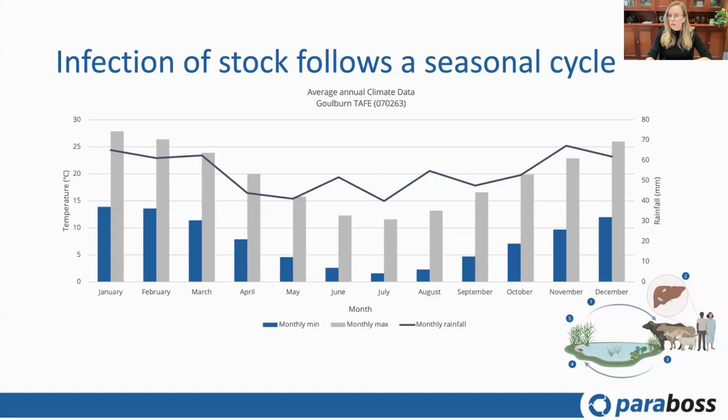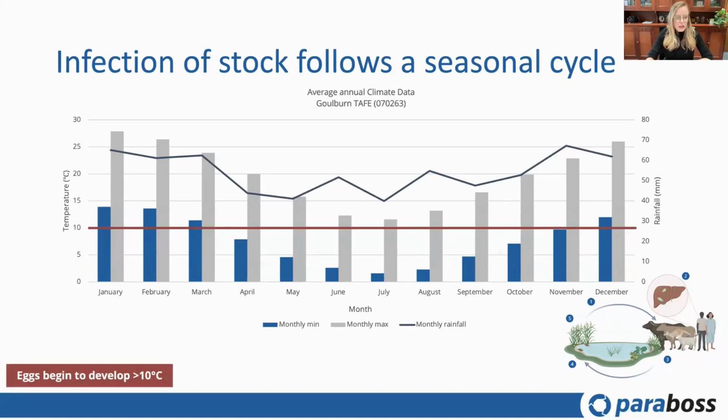So this is sort of a back of the napkin estimate, you could say, of liver fluke seasonality for Goulburn. So we know that eggs begin to develop and therefore get to a point where they can hatch when the weather is above 10 degrees. So we could say that for this region, we're seeing that occur around October.